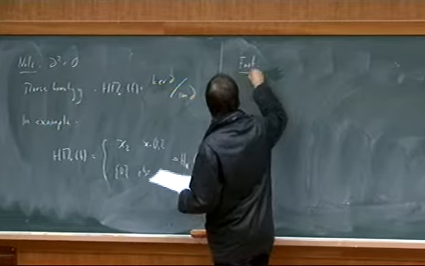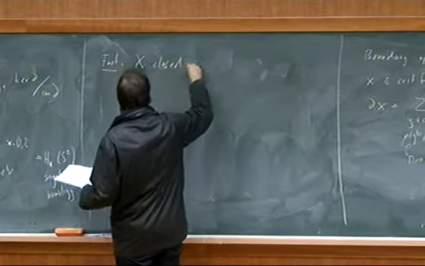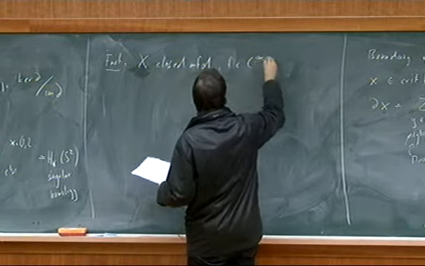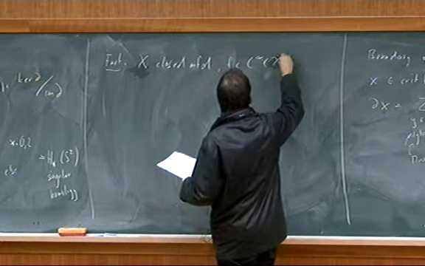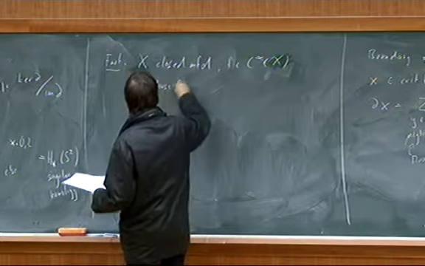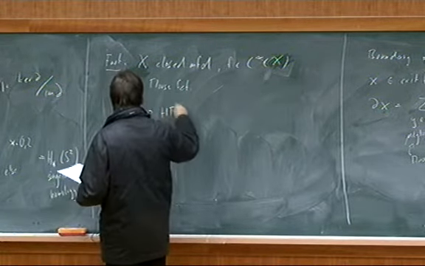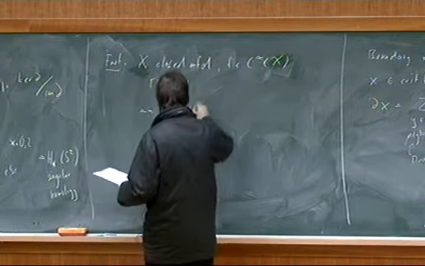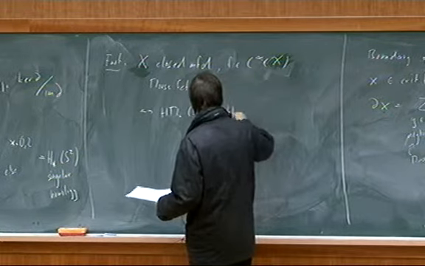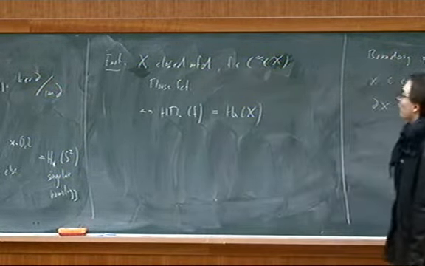The fact is that if X is a closed manifold and f is a Morse function on this manifold, then we can define the Morse homology in this way, and what we compute is just the singular homology of the manifold.